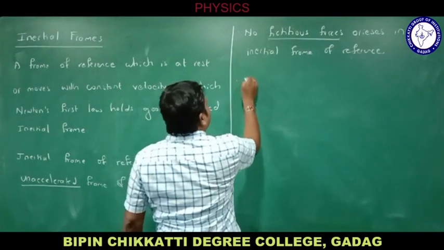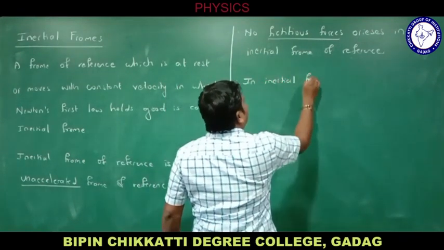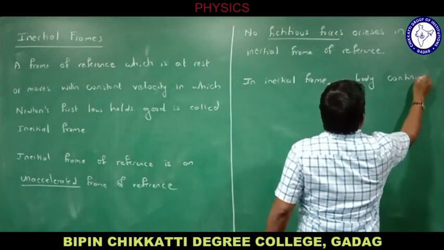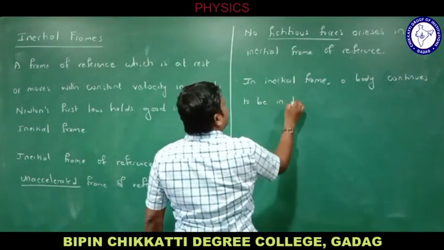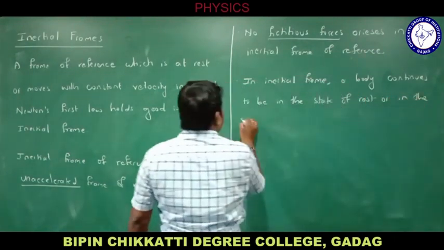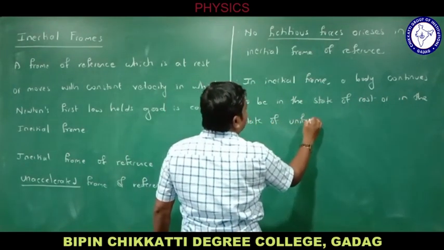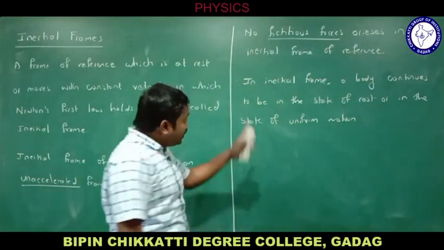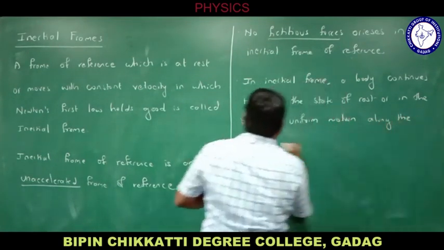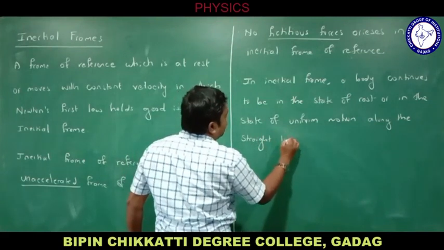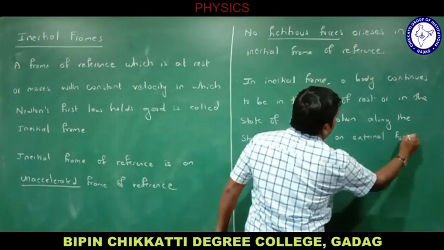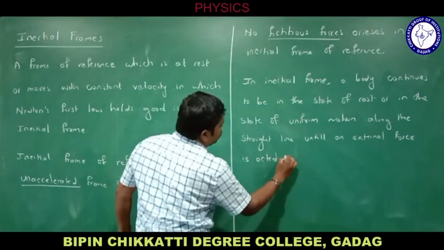In an inertial frame, a body continues to be in the state of rest or in the state of uniform motion along a straight line until an external force is acted upon it.